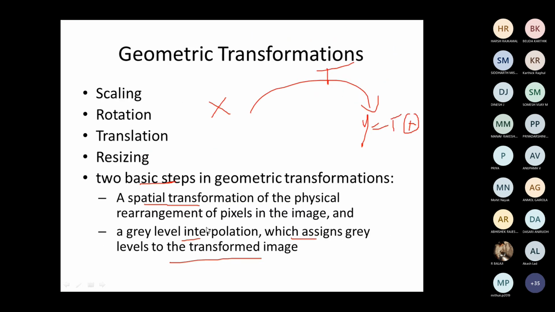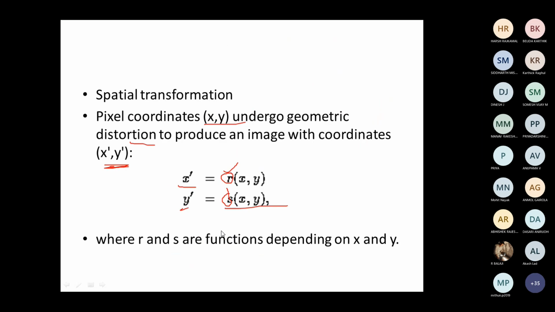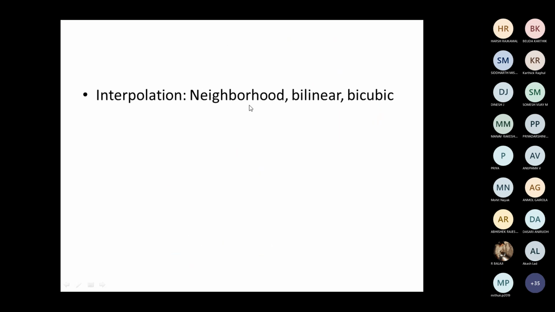The first step we discussed is spatial transformation, in which we have seen the transformations. The next one is gray level interpolation. For interpolation, I think we have discussed in the previous modules. You can take nearest neighborhood interpolation, bilinear interpolation, and bicubic interpolation. These you can all consider.